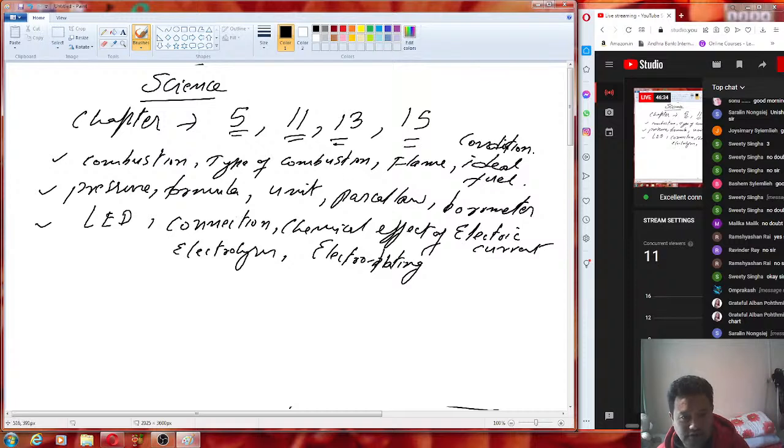Then now let's move to chapter 15, which is on light.